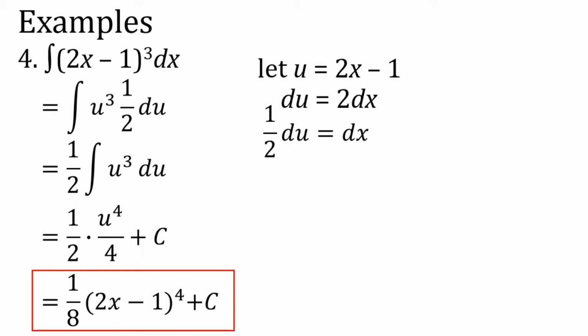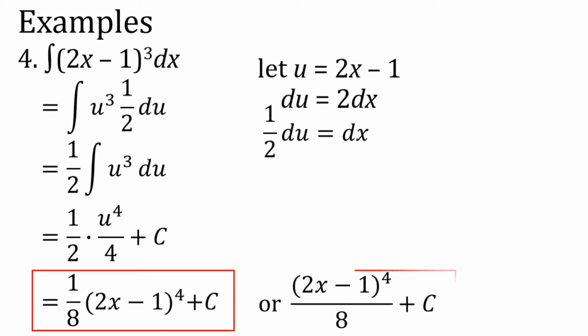You're going to have an algebraic expression with a lot of terms. Your entire bond paper might not be enough for those terms. So that's why we have this method. So we can actually express our answer here as 2x minus 1 raised to 4 all over 8 plus c.